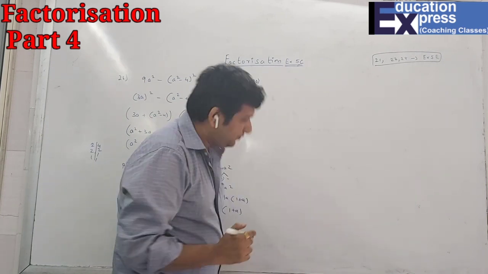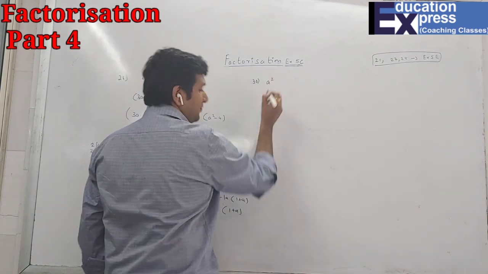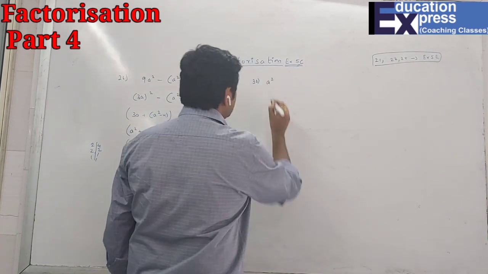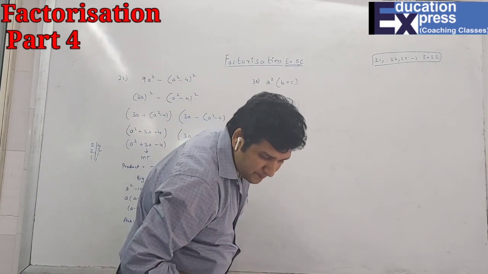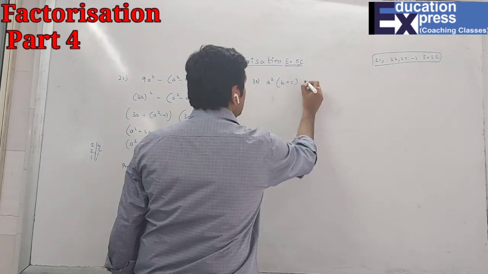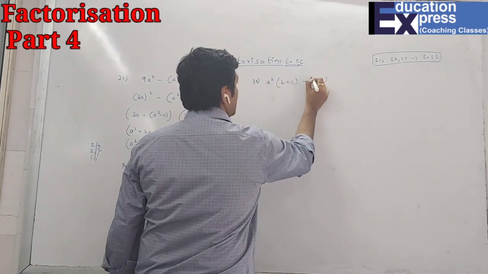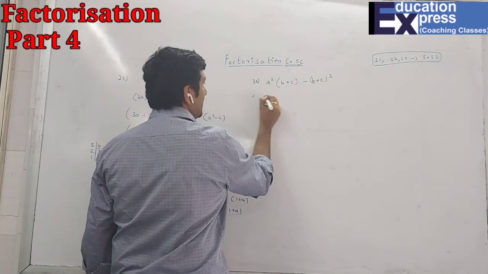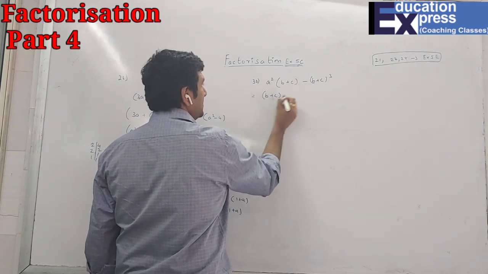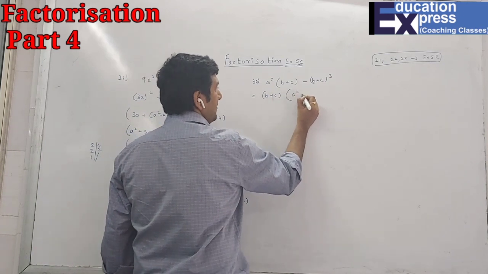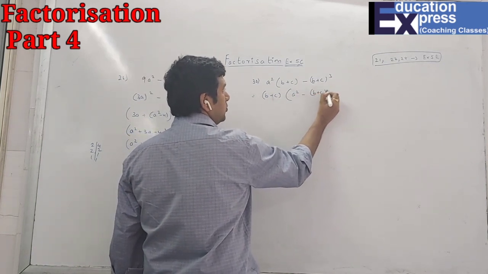So the 30th sum is very simple. A square (b plus c) minus (b plus c) the whole cube. So first I will take b plus c common, as we can see. What is left is a square minus 1, b plus c is gone, 2 are yet left.